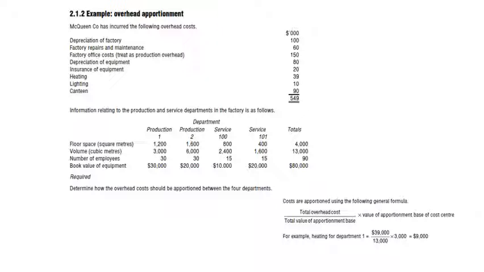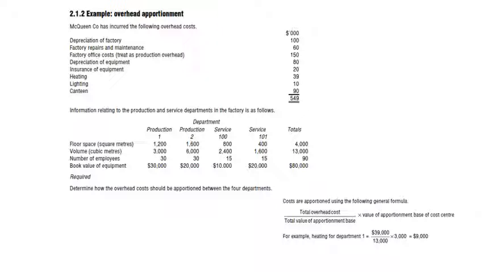In production department 2, they have machinery with a value of 20,000. In service department 1, 10,000, and service department 2 has 20,000, and the total book value of equipment is 80,000 in the whole factory. So we have to distribute these accounting numbers.